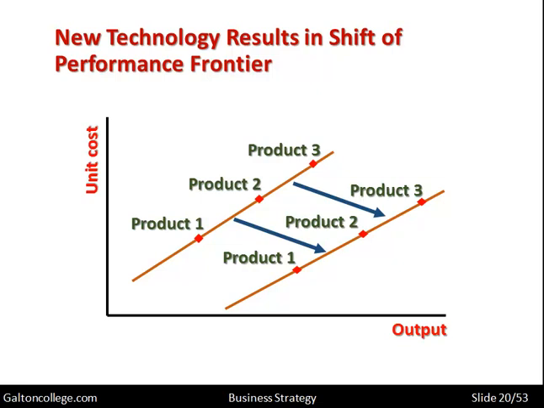The unit cost, in other words, has fallen. The unit cost falls because of the advent of new technology. The impact of new technology reduces the costs, so the frontier shifts to the right.